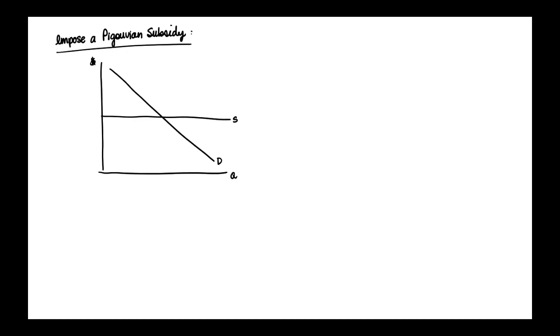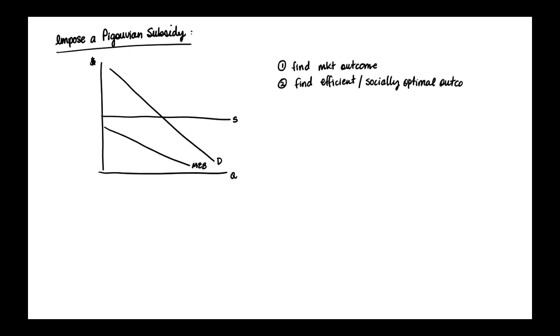So the first thing, let me put in a marginal external benefit curve. All right. So I want you to find the market outcome. I want you to find the efficient, or I might call it the socially optimal outcome. So do that. I want to see everyone working.